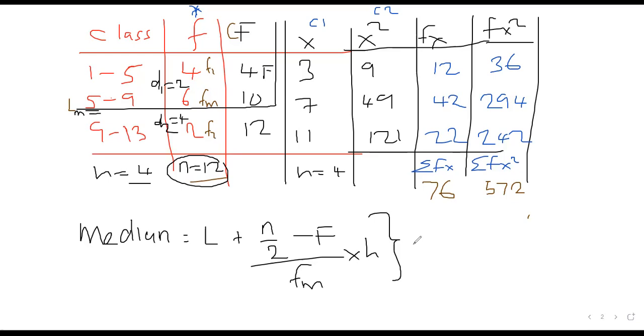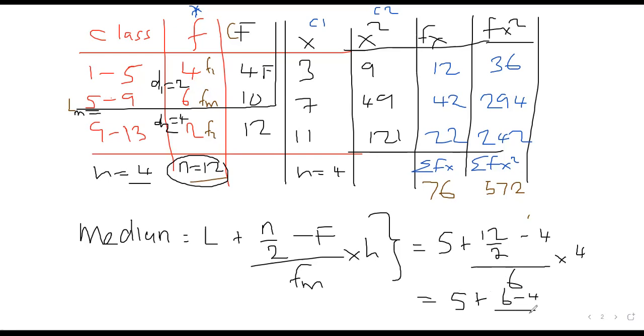So in this case, our lower bound was 5, our N was 12 over 2, our F, facing the F1, is a 4, over Fm, our Fm is this 6, times 4. So here we're going to have 5 plus 12 over 2 is 6, minus 4, over 6 times 4.